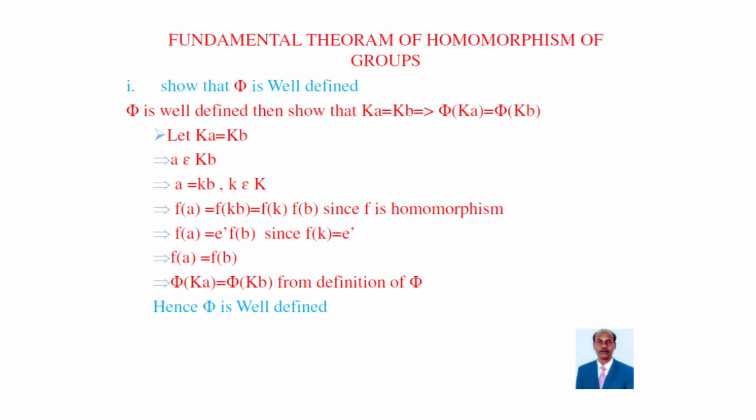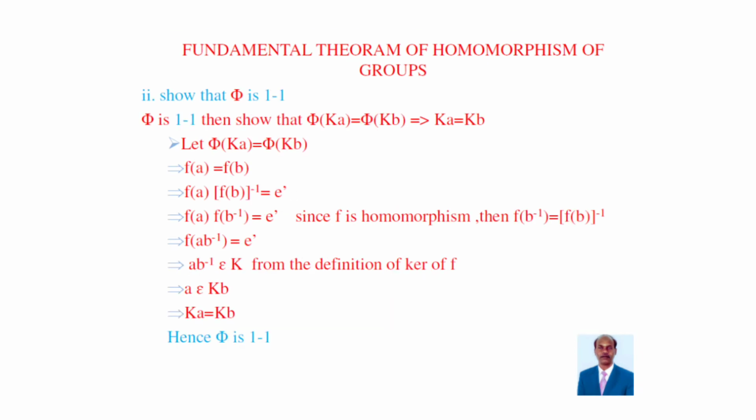So now we go to verify the other conditions, starting with pi being one-one. If we want to show that pi is one-one, we want to check that pi of Ka equal to pi of Kb implies Ka equal to Kb. So let pi of Ka equal to pi of Kb. According to the definition of pi, pi of Ka means f of a and pi of Kb means f of b.